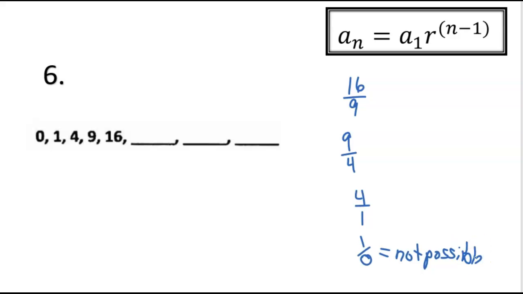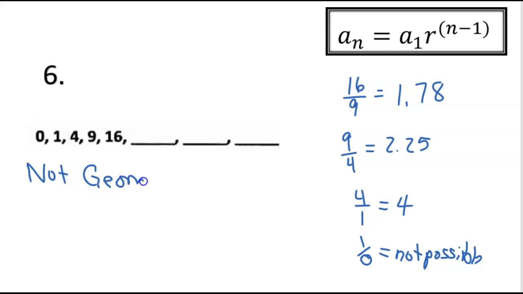So, what do I get when I divide 16 divided by 9? 16 divided by 9 is 1.7 repeating. 9 divided by 4. Did I get the same number every time? I did not, so it is not a geometric sequence.